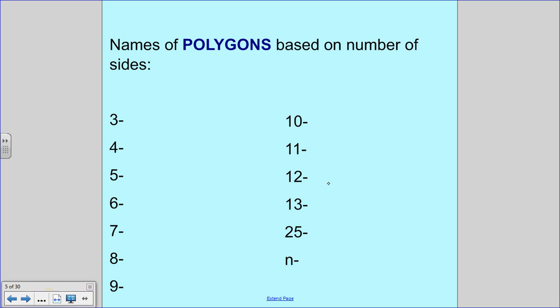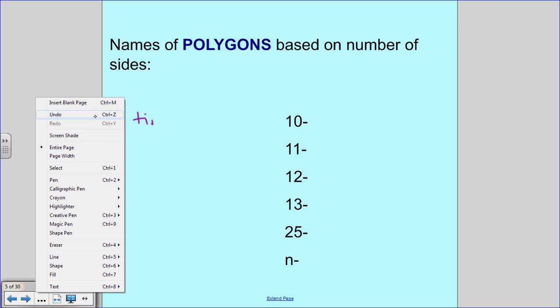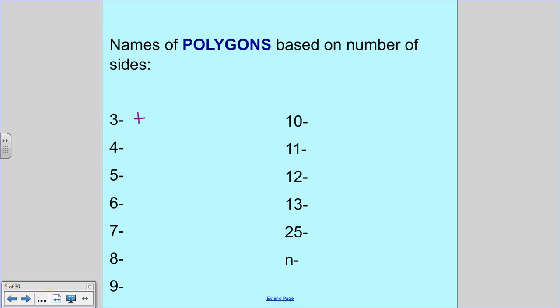Now we're going to name polygons based on how many sides they have. A couple of names you should be familiar with. A three-sided polygon is, of course, a triangle. Four-sided figure we just got done talking about, but it's a quadrilateral.